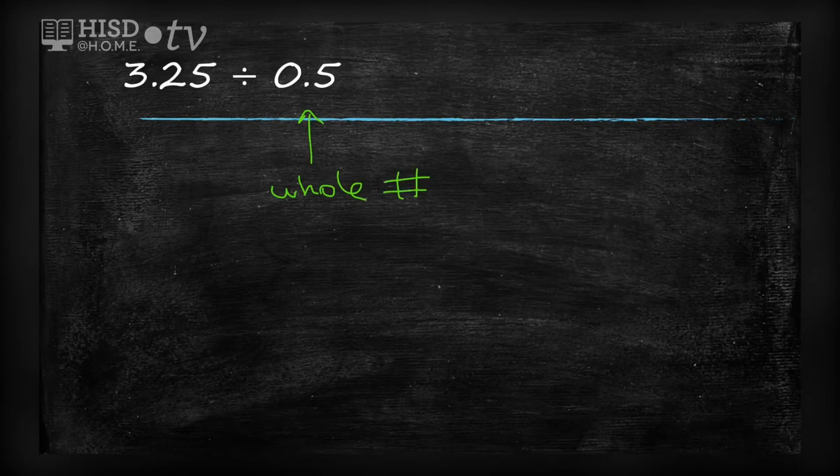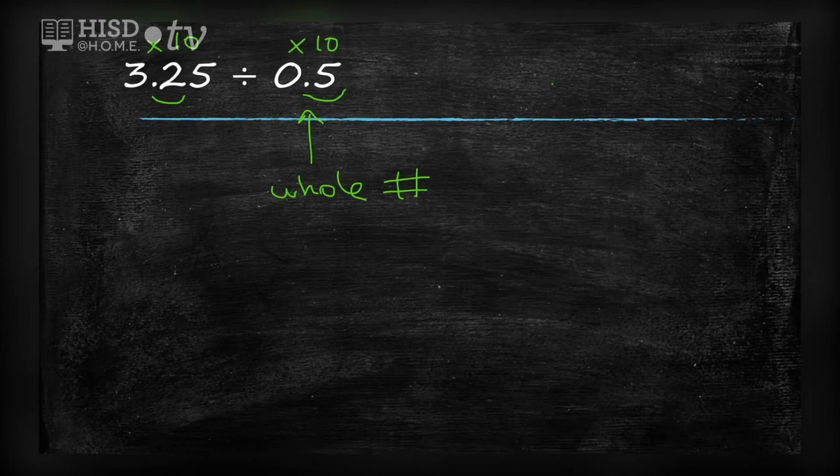So in order for us to do that, we can see that there is only one decimal here, and in order for us to make it a whole number, we just have to multiply times 10. So if we multiply times 10 on one side of the division, we have to multiply times 10 on the other side. So that means that this decimal point moves as well as this decimal point.